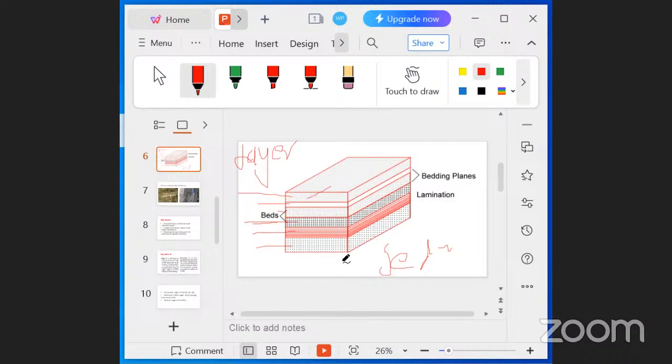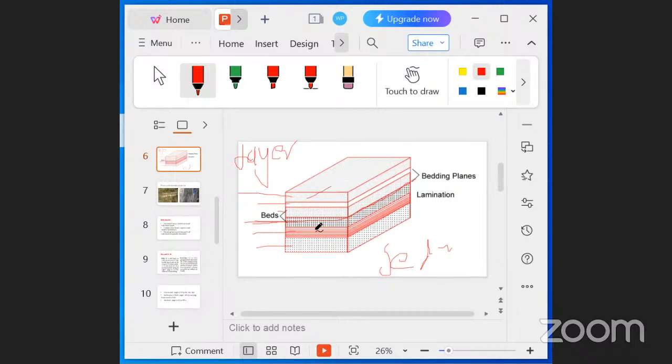Each bed is separated from the adjacent bed by a plane. That is called the bedding plane. You see here this red line, this is called the bedding plane. It separates these adjacent beds.